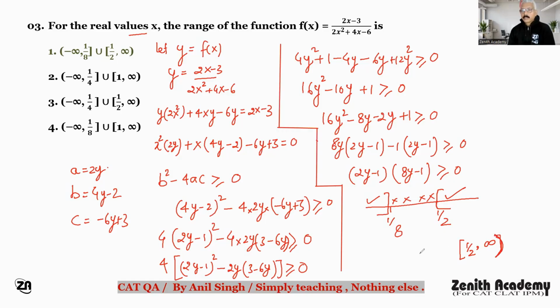And here it is less than or equal to 1 by 8, so it is minus infinity to 1 by 8. The answer is 1. So it is an easy question based on the concept.